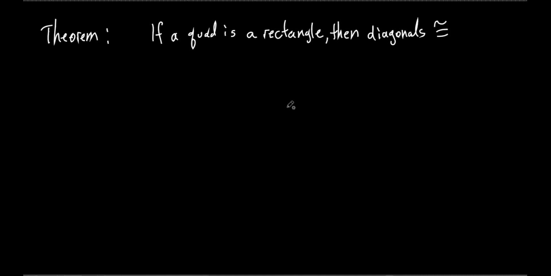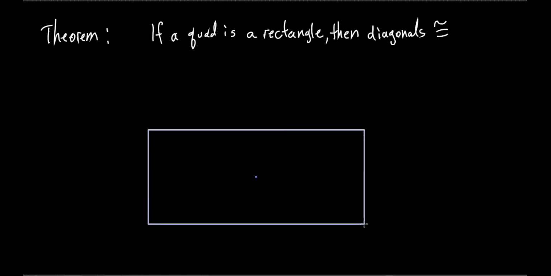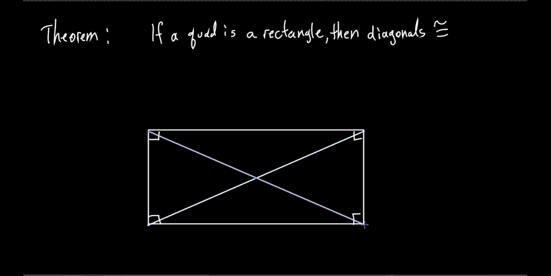So we already knew that. So let's draw a picture. So if I told you that this was a rectangle, by definition, it had all 4 right angles. Okay? If it's a rectangle, then what did we learn earlier about the diagonals?